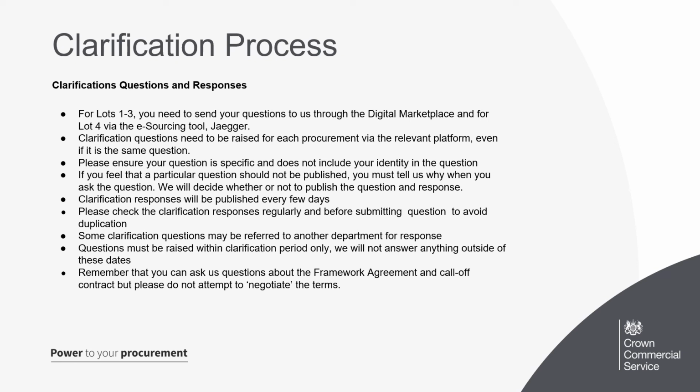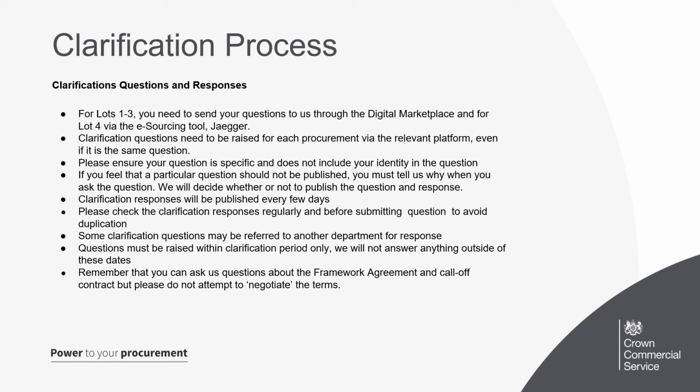If you feel that a question should not be published, you need to explain to us why, and we will take that into consideration before deciding whether or not to publish. As clarifications and their responses will be published every few days, please check through the latest version before submitting your question, in case it has already been asked and responded to.